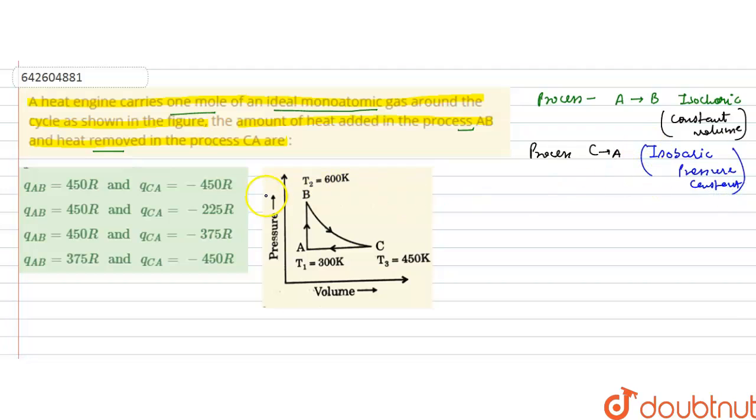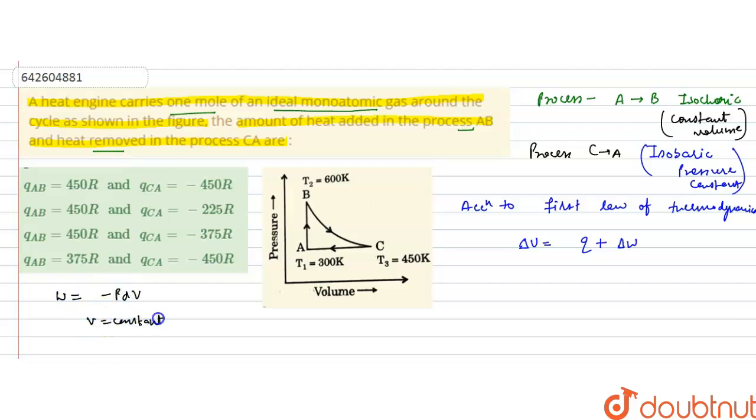Now according to the first law of thermodynamics, the change in internal energy is equal to the heat involved, delta U is equal to Q plus delta W. Now if the work is done at constant volume, as work is minus P dV, if volume is constant, it means dV or delta V will be 0.